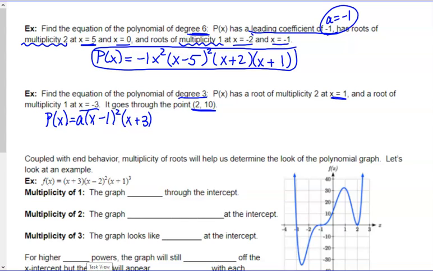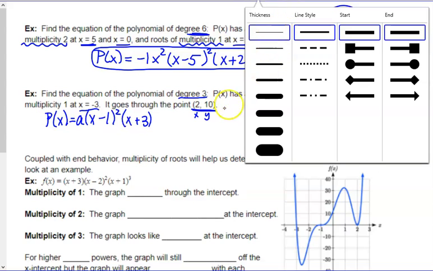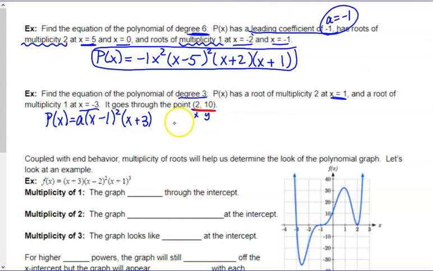Remember, that (2, 10) is an x and a y value that satisfies the equation for my polynomial. So what do we have over here? Here's my x value. And remember, this function notation represents the y value. So what I can do to solve for a is to plug each one of these values in for x and for y. So the y value is 10.